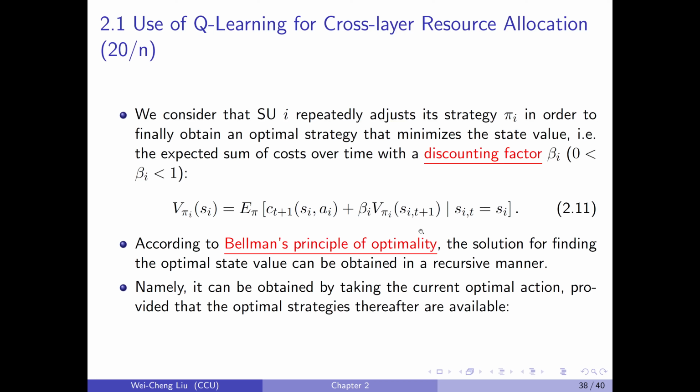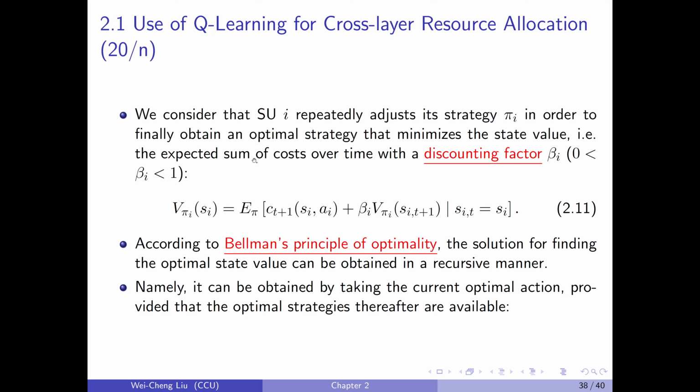So it is a recursive definition of V^pi_i. And s_{i,t+1} is the state of secondary user i at time instance t+1, given s_{i,t} is equal to s_i, that is, the state of secondary user i at time instance t is equal to s_i, where this s_i is equal to this s_i.